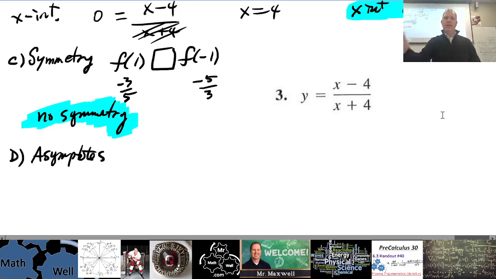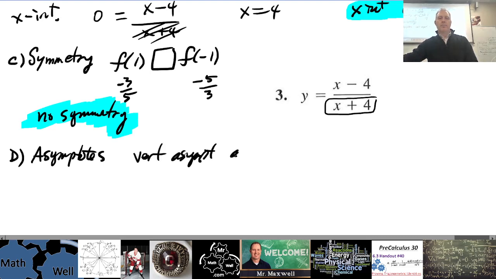In the simplified version of this rational function, which this is, no factors to divide out, if there's a factor with an x that causes the denominator to be 0 after it's all simplified, then this represents a vertical asymptote. So there's a vertical asymptote at x equals -4, and that's from x plus 4 equals 0, x equals -4.